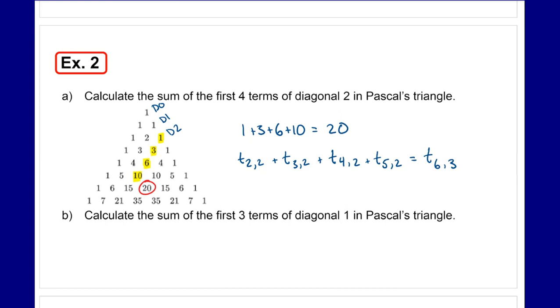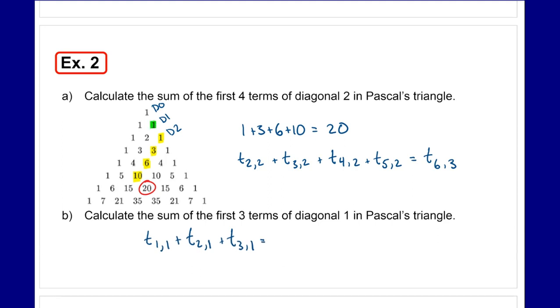So let's calculate the sum of the first 3 terms of diagonal 1 in Pascal's triangle. In this one, we would have row 1, position 1, plus row 2, position 1, plus row 3, position 1. And what would that equal?